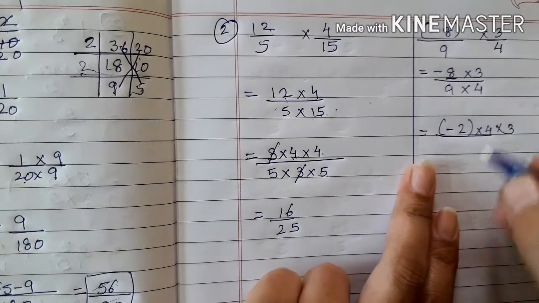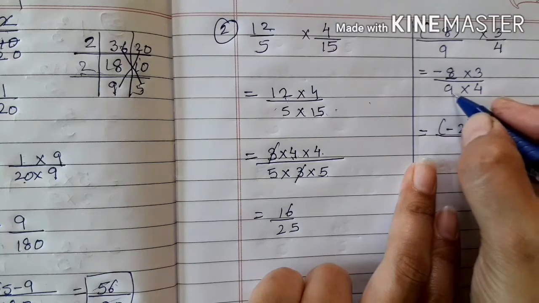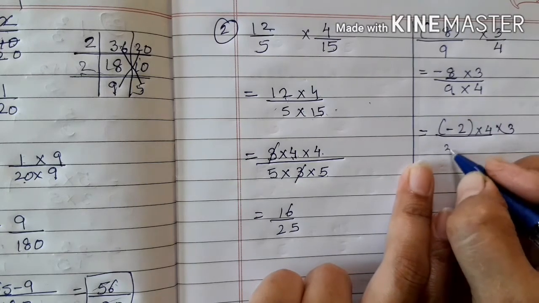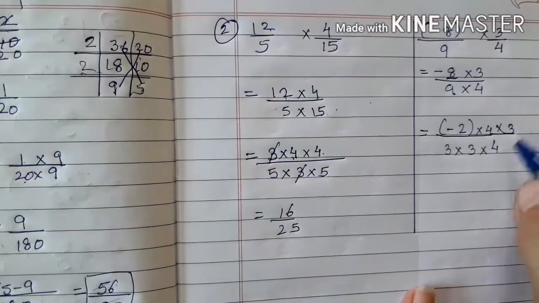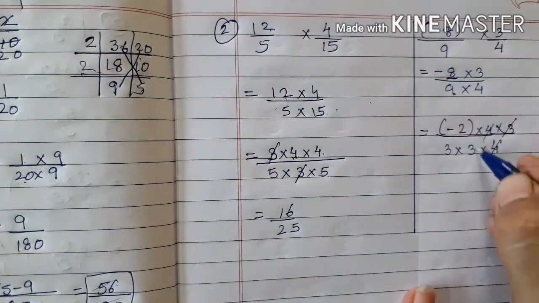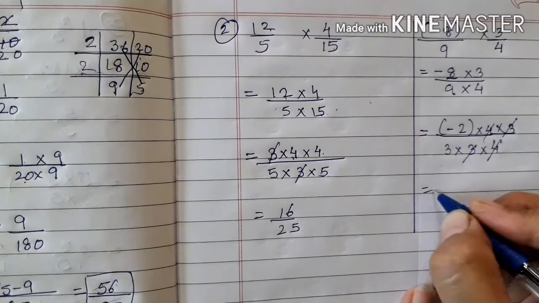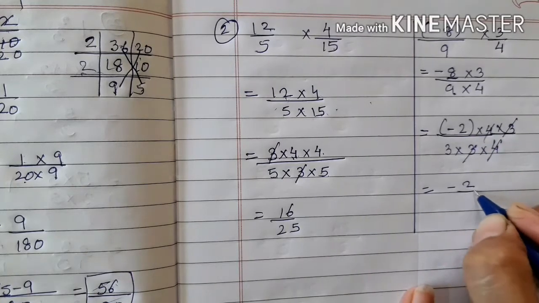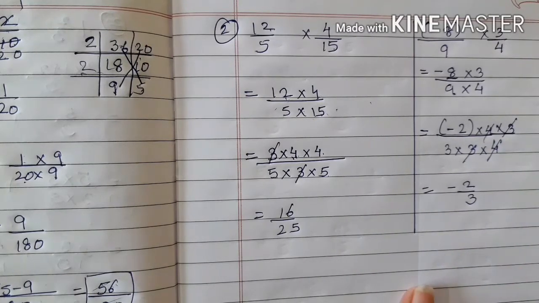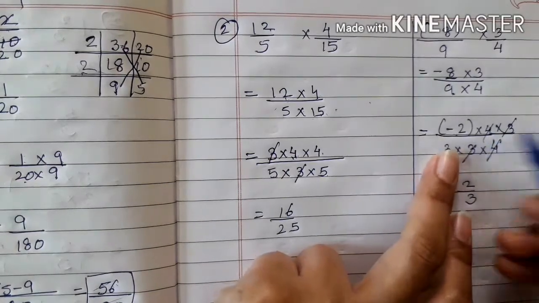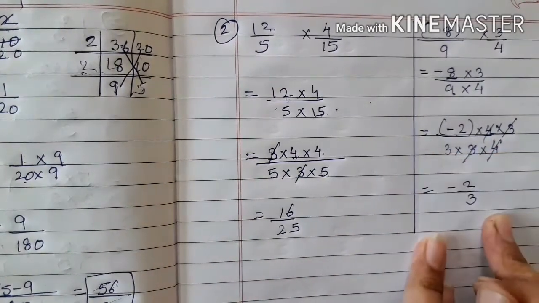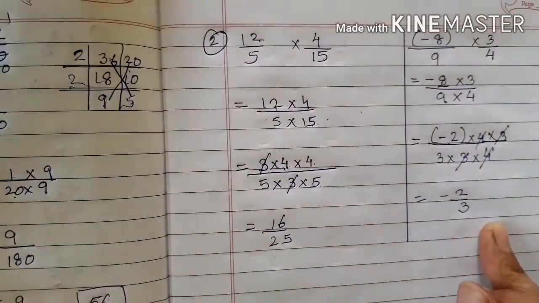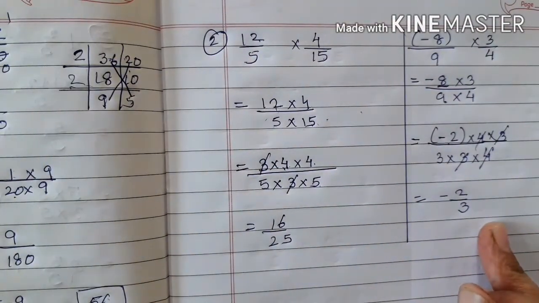Now over here I will change 9. That is 3 into 3, and 4 as it is. Okay children, so 4 and 4 will get cancelled, 3 and 3 will get cancelled, and what is remaining? Minus 2 and 3. This is easy, isn't it? Instead of multiplying and then cutting it and then reducing it, this step is very easy. Got it? We will take the next sum.